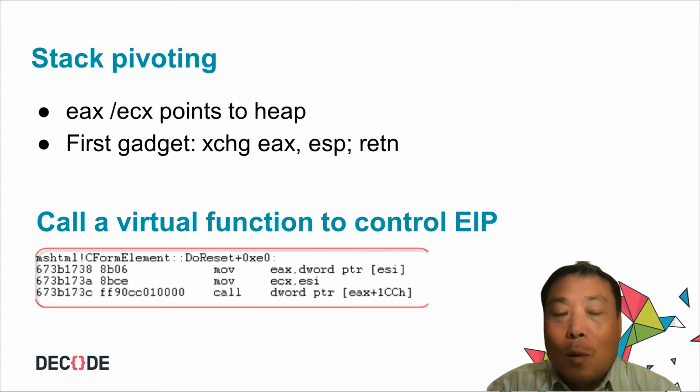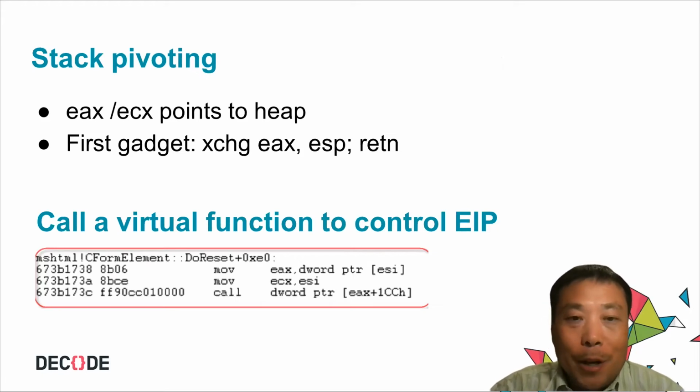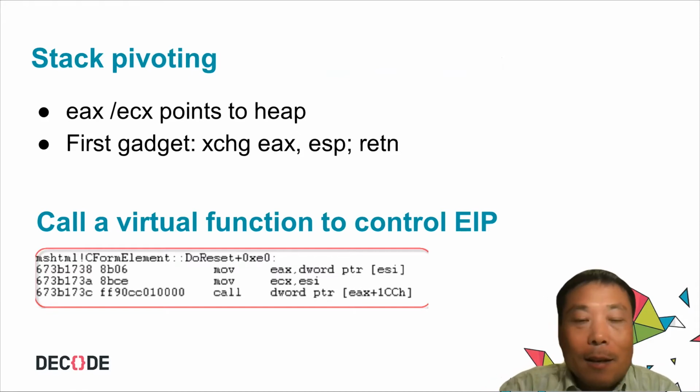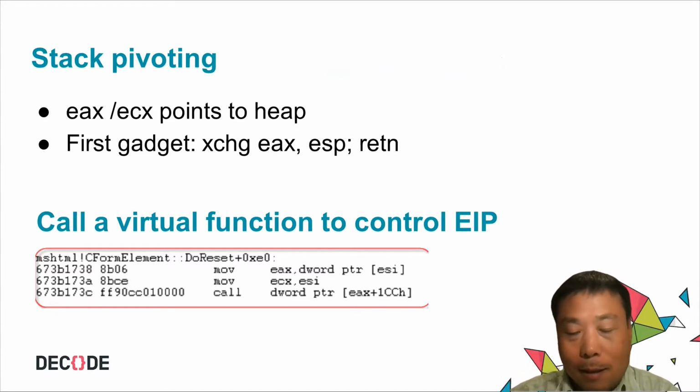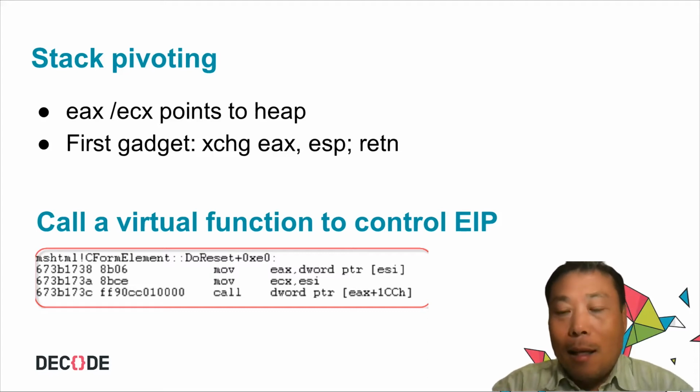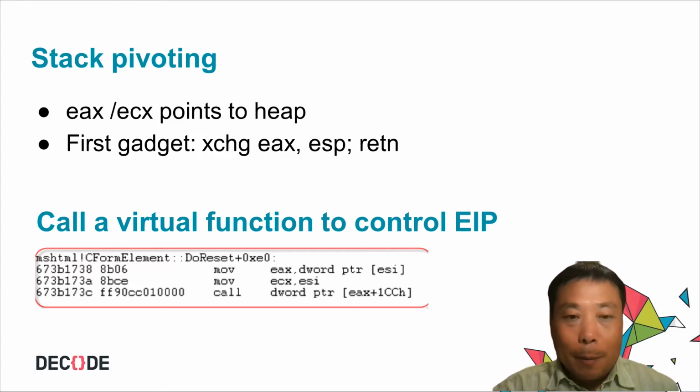Okay, so we put our ROP gadgets inside heap memory, and we use a stack pivot technique to set the ESP to our heap. The code is very simple. We just exchange EAX with ESP and return. The stack will go to our heap.